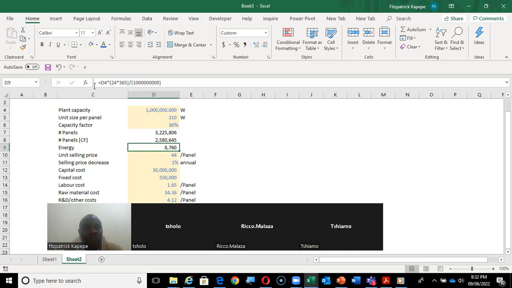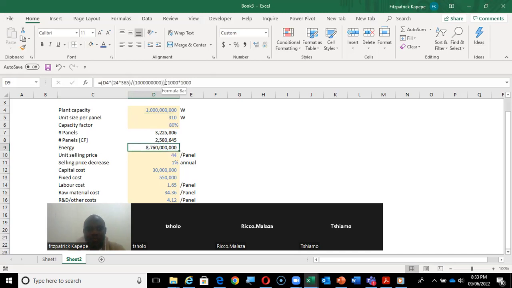Then from there, this is energy that I'm following. I would say from first I took it to gig. I'll multiply by 1,000, taking it to megawatts. I'll multiply by 1,000, taking it to kilo.